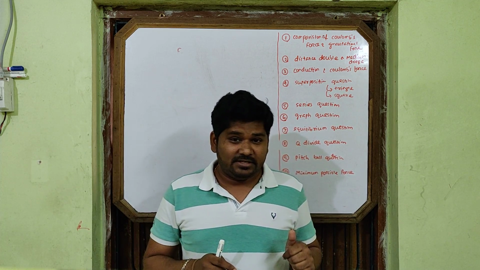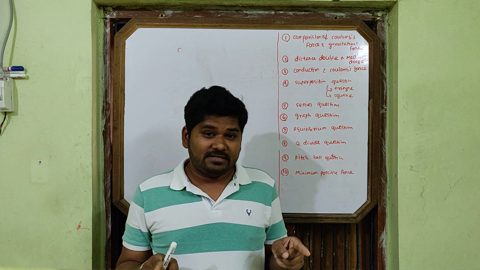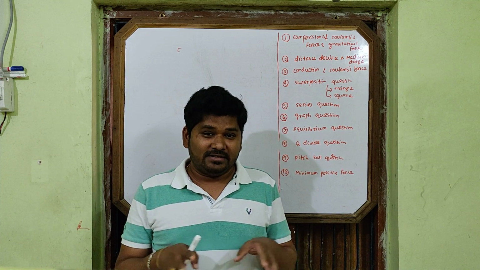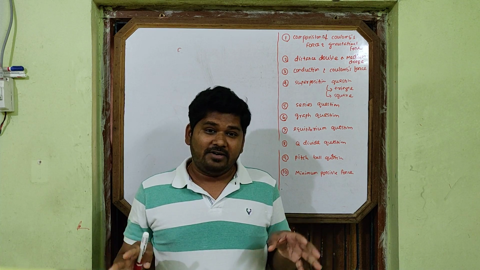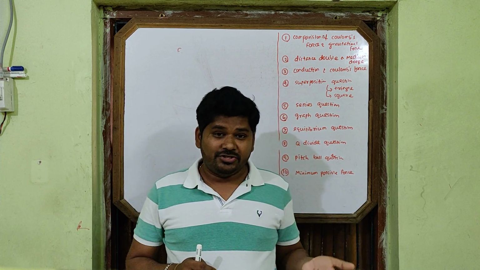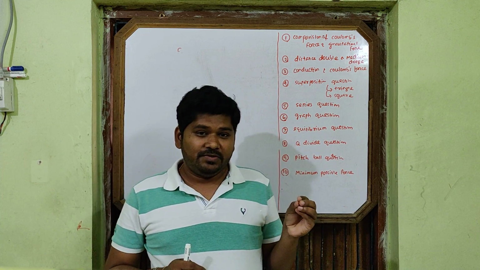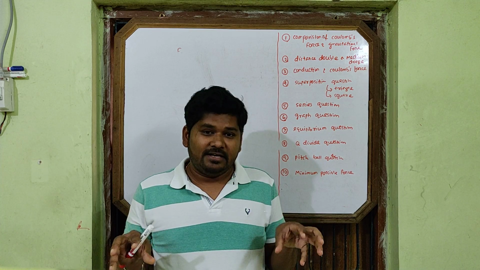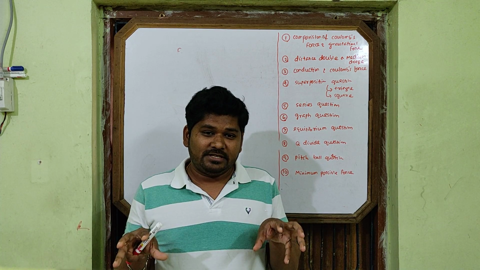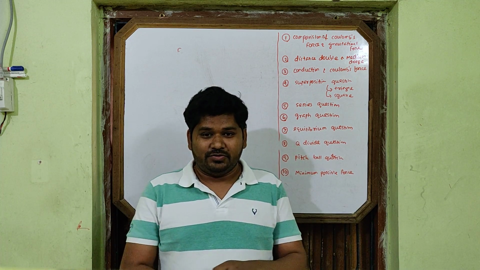But the problem is, if both are identical and had the same charge magnitude, they get neutralized. The charge is neutralized and the force will be 0. Now you understand this one. Again I am telling you, suppose two bodies have opposite charges of different magnitude.